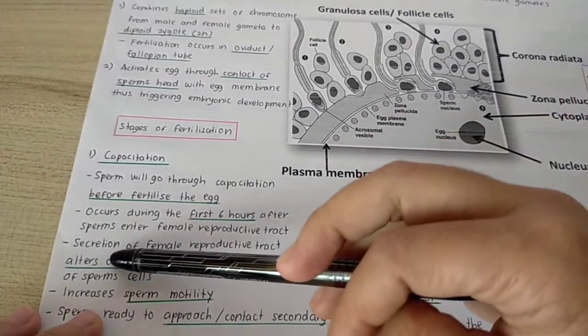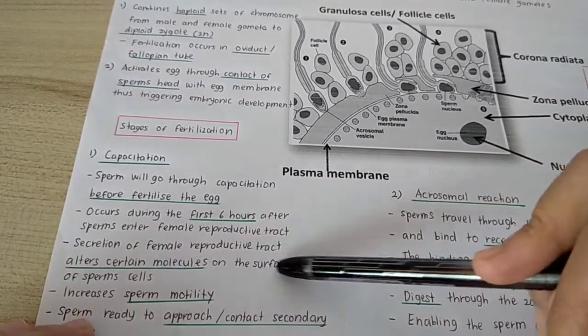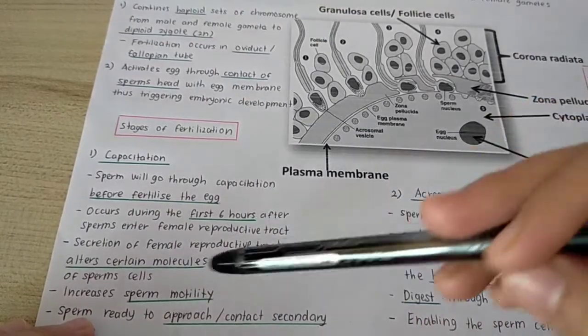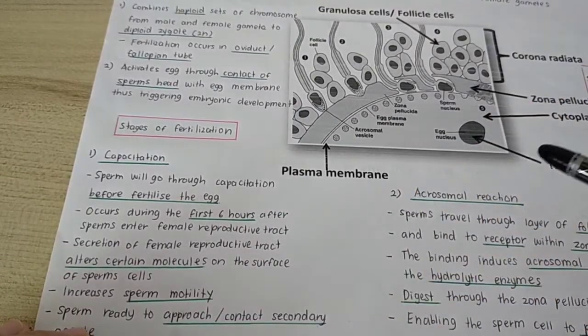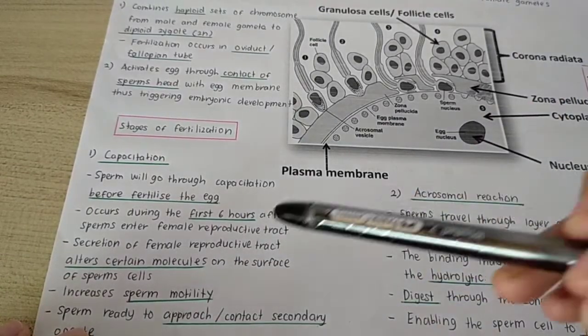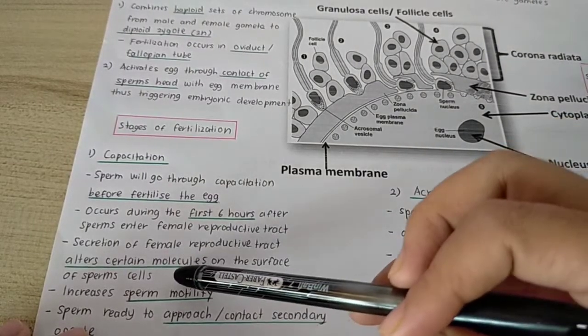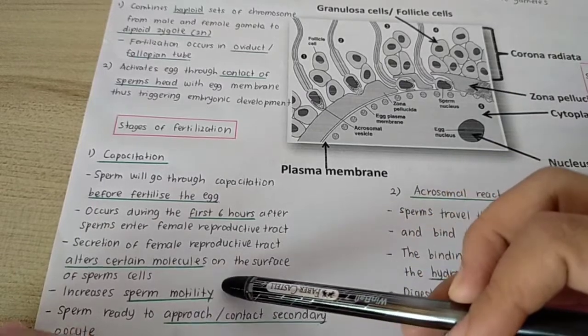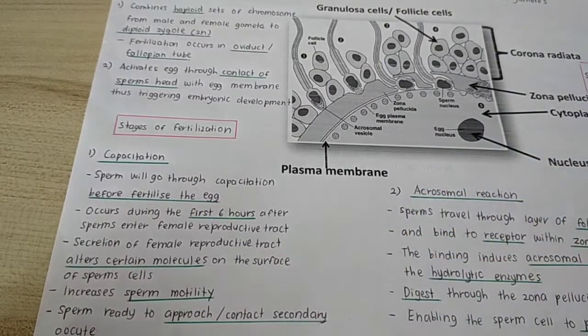The secretions of the female reproductive tract alter certain molecules on the surface of the sperm cell, so it will increase sperm motility. What is the meaning of motility? Motility means movement, so the movement of the sperm will increase. The sperm is then ready to approach or contact the secondary oocyte.